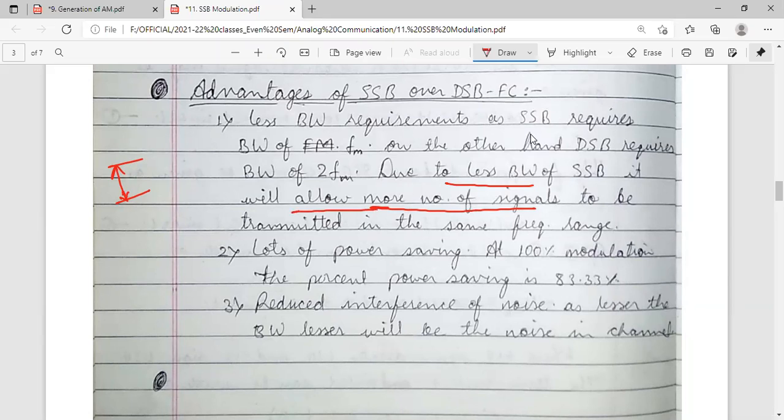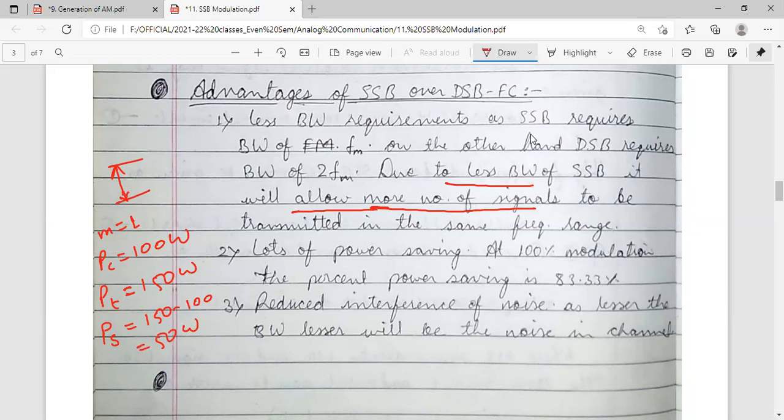Then there is a lot of power saving. We already know that. As I took in the last class, if the modulation index is 1 and the carrier power PC is 100 watt, the total power PT is 150 watt. We calculated it yesterday. So what is the sideband power? PS is equal to 150 minus 100, that is 50 watt.